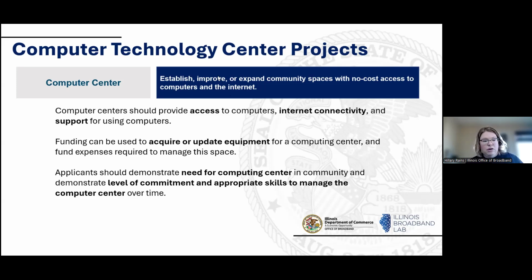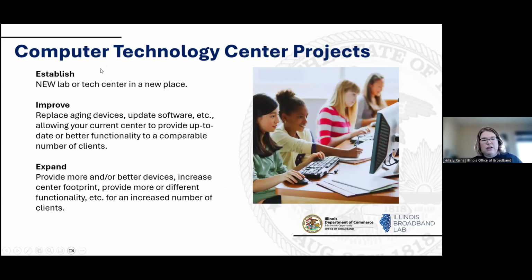We're just talking about these three things here. Established: you're making a new lab or tech center in a new place. Improving: you're improving your tech center, so maybe you're just updating your devices, updating your software, or allowing your current center to provide up-to-date, better functionality for about the same number of clients, right?